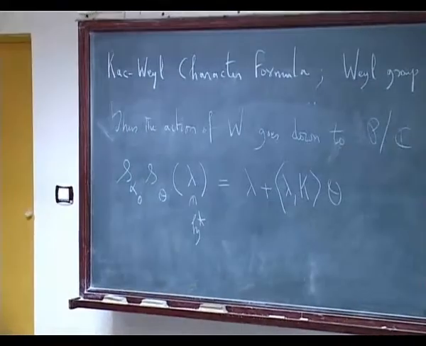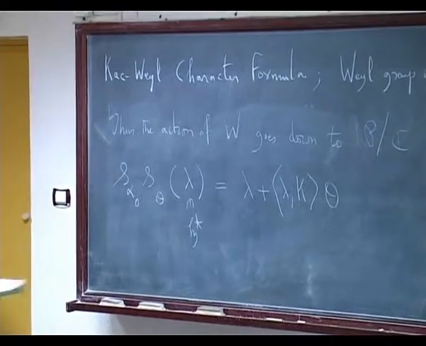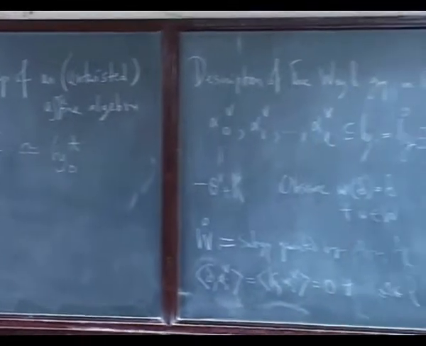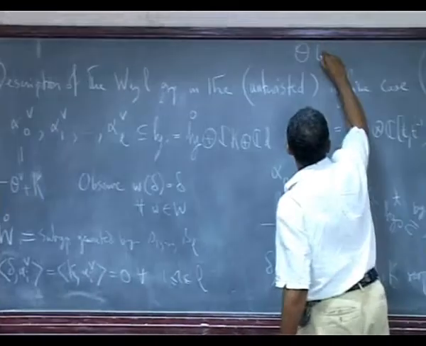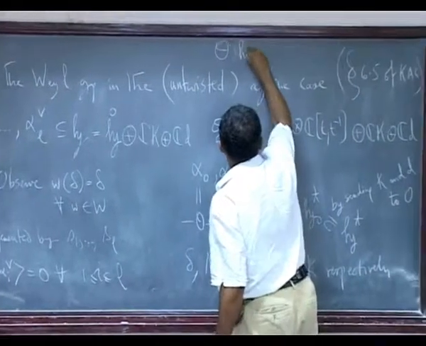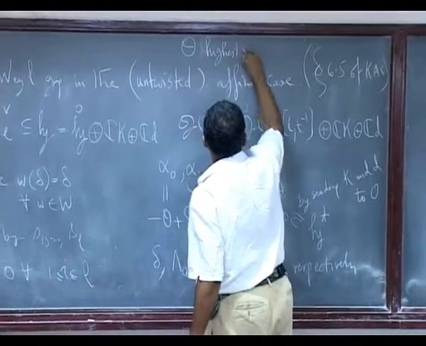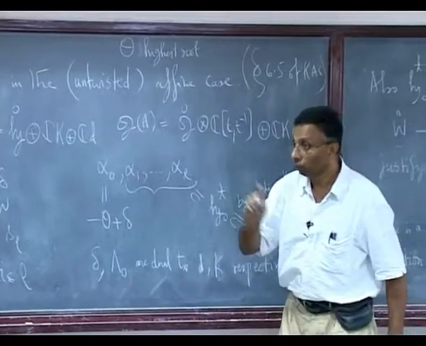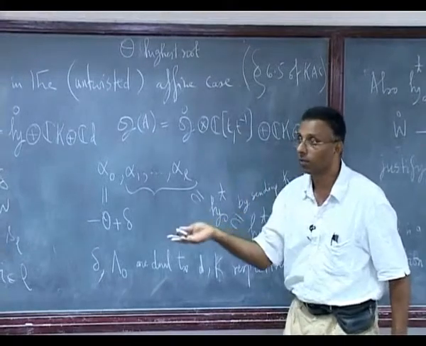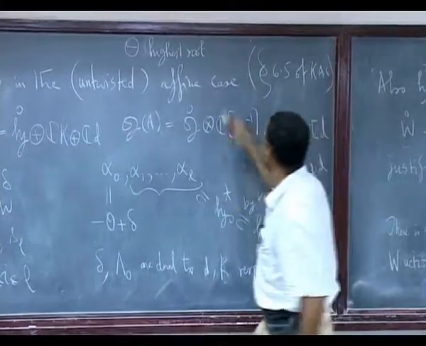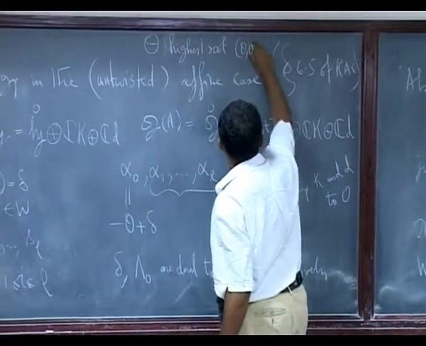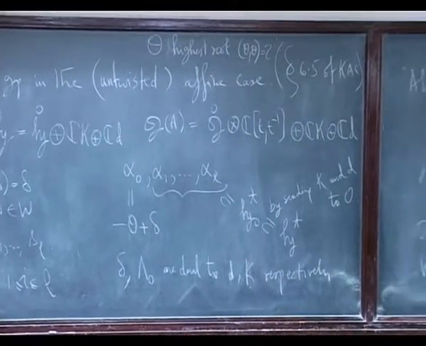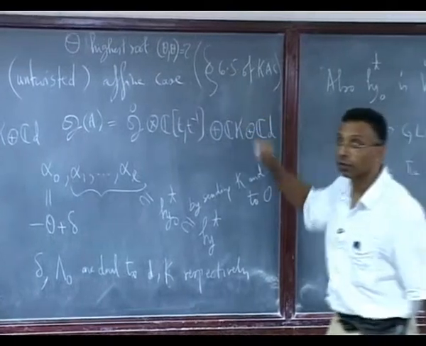Theta is the longest root, or rather, the highest root, as when we defined this. And one more thing that will come in handy is the normalization, that you fix the form such that theta is 2.